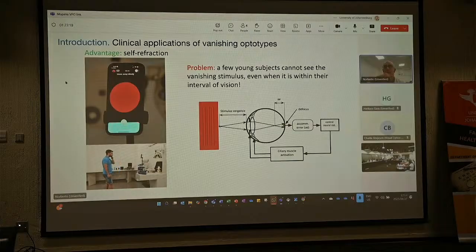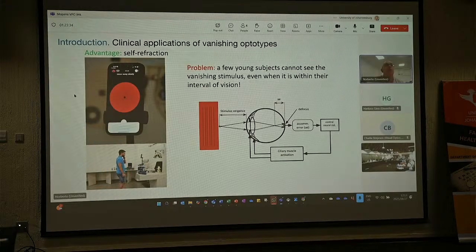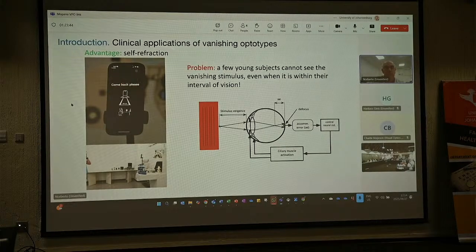This stimulus has several clinical applications, and one that we have used is for self-refraction. We are developing apps so that people can do self-refraction. For that, the subject simply moves away from the screen until he cannot see the stimulus at all.